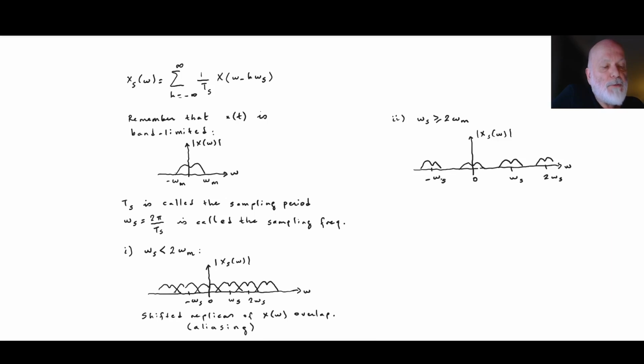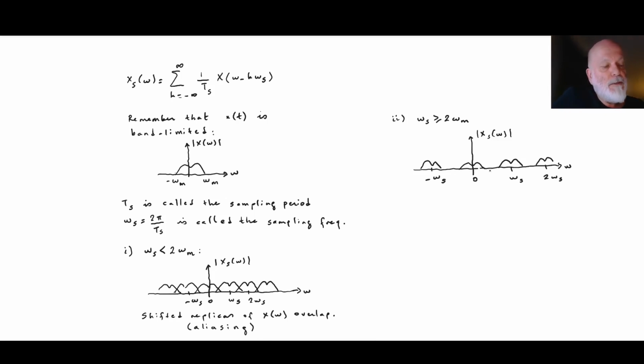How can we do that? The answer is very simple. As we see from this graph of the magnitude of Xs of omega, we have shifted replicas of X of omega, so we can retrieve x of t, or X of omega equivalently, by using a low-pass filtering operation.